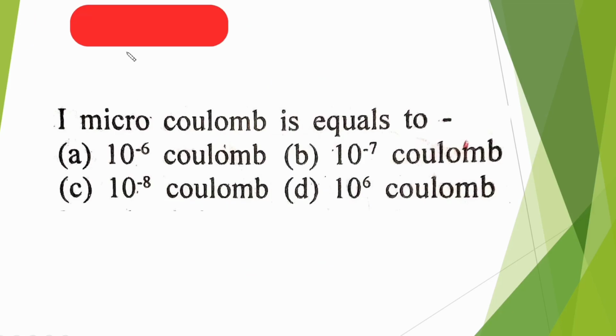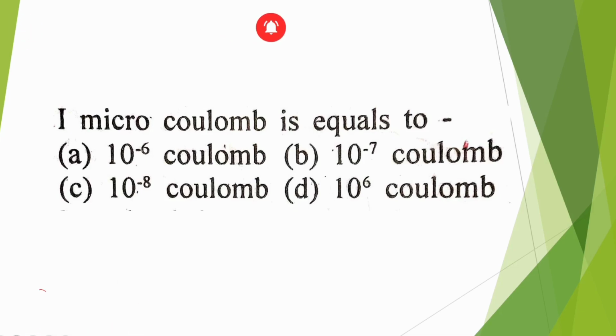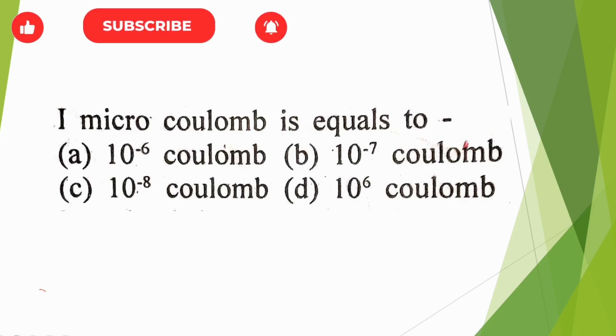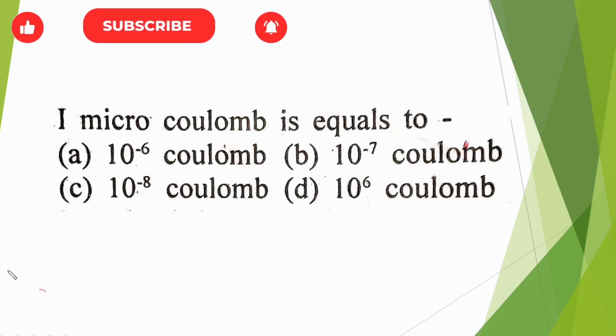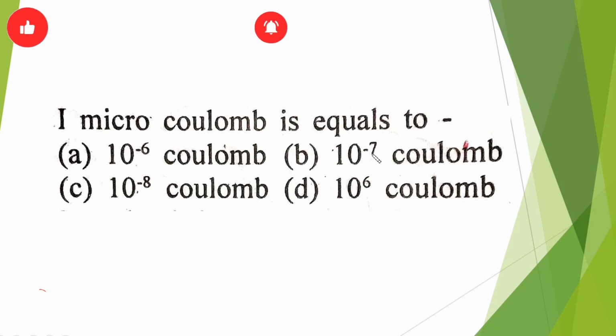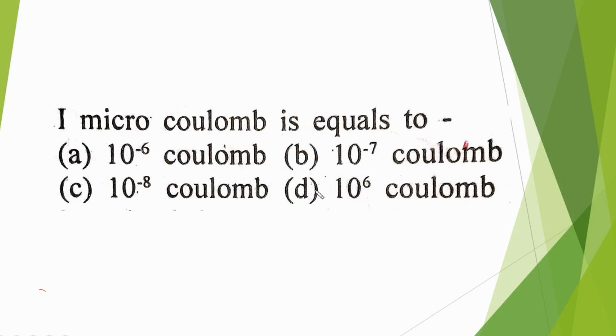Our first MCQ is: 1 microcoulomb is equal to: A, 10 to the power minus 6 coulomb; B, 10 to the power minus 7 coulomb; C, 10 to the power minus 8 coulomb; D, 10 to the power 6 coulomb.